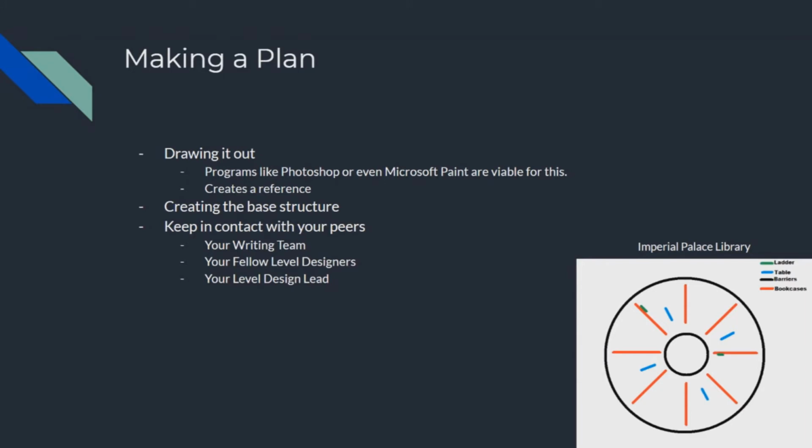I talked to the writing people about what their story was talking about, how important the library was, and how frequented it was. And then I talked with the level designer responsible for the library at the time, and together we all came to the conclusion of this base piece, and the library was much easier to handle.